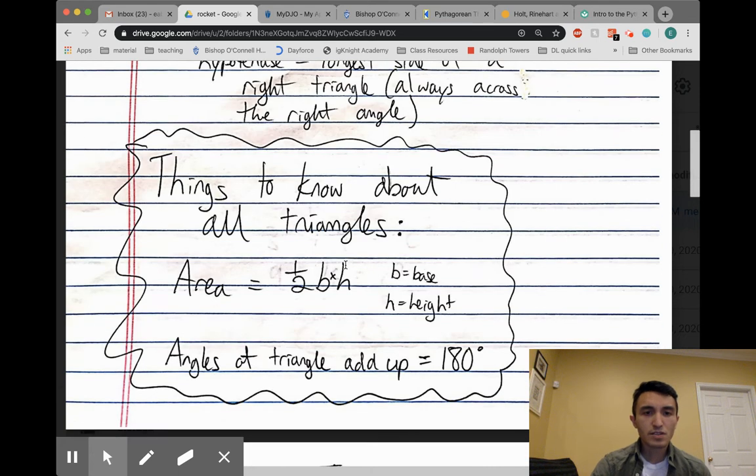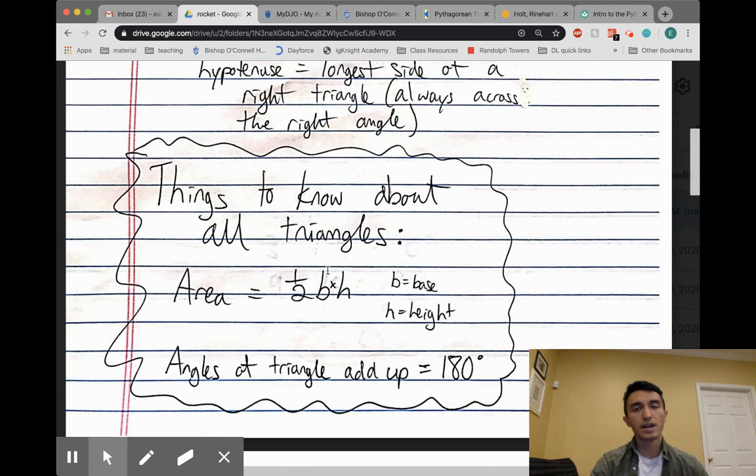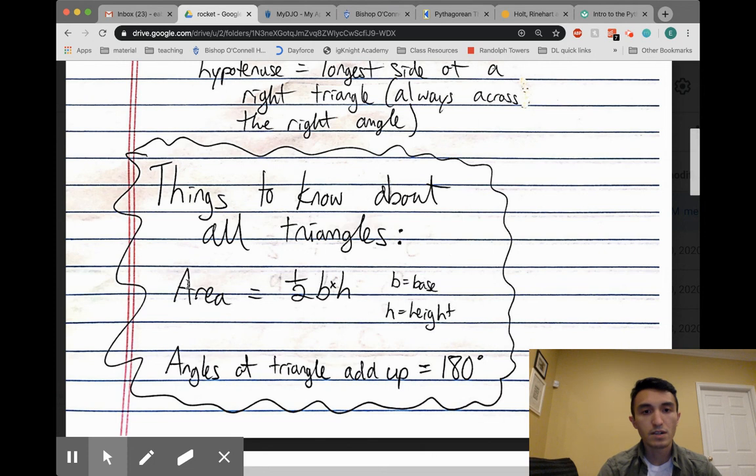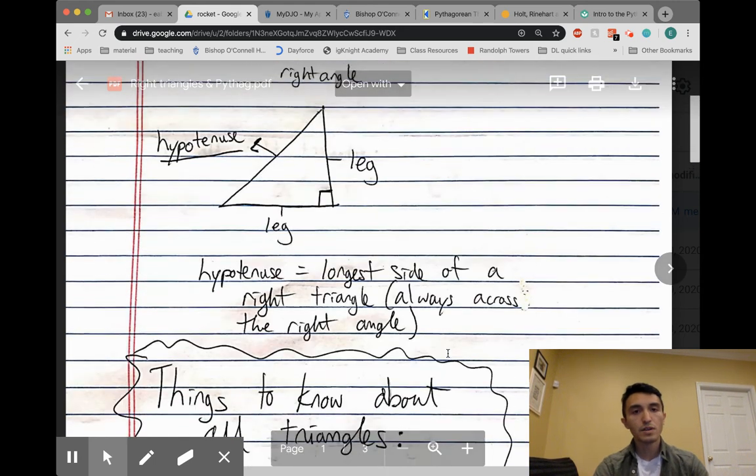And here's what I mean about things about triangles that we do want to keep in mind: the area of a triangle is 1/2 base times height. So something to write down and know. And then the angles in a triangle, which there are three of, all add up to 180. So we go back here, right?